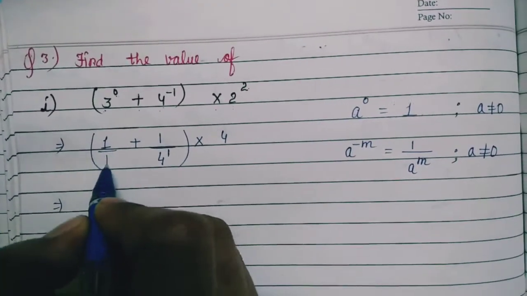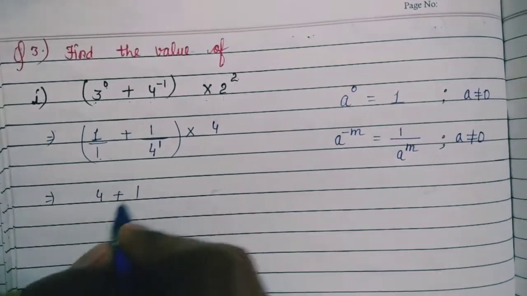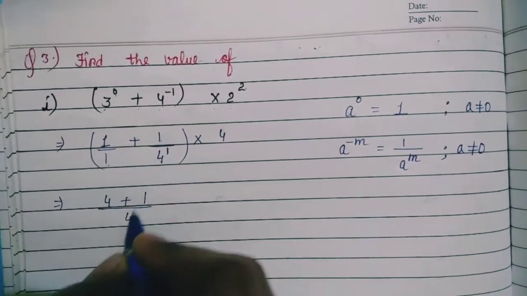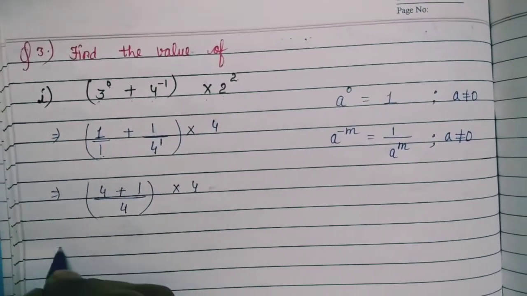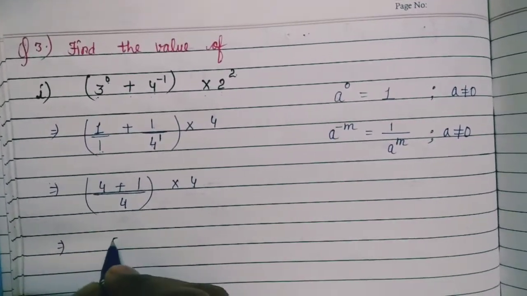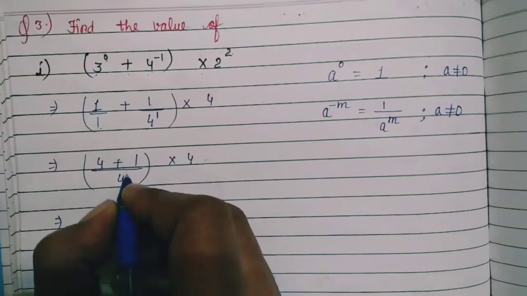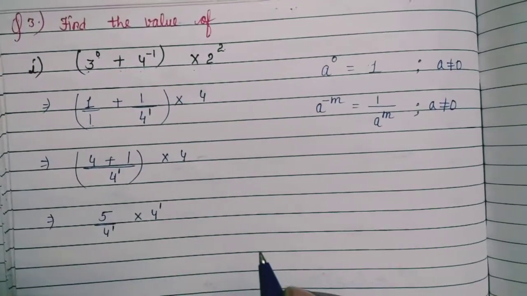Here we have 1, so 1 4s are 4, 1 1 is 1, and in the denominator 1 into 4 is 4, and multiplied by 4. Here 4 plus 1 is 5, and then in the denominator we have 4 which is having power of 1, multiplied by 4 which is having power of 1.